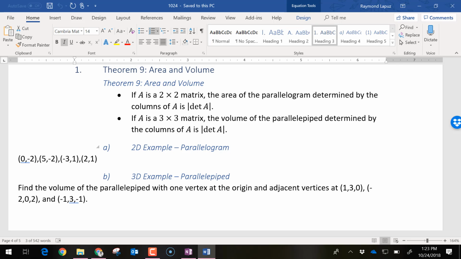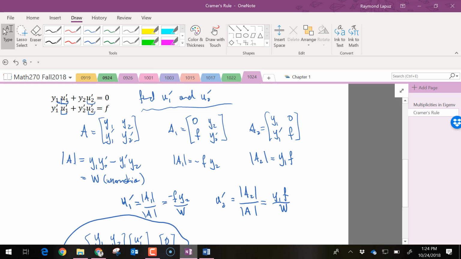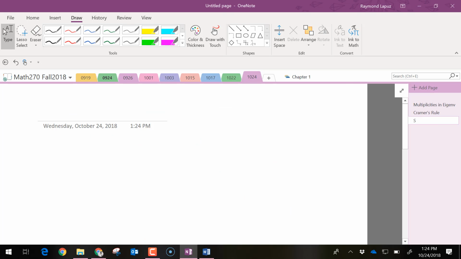Yeah, you're not going to take any integrals or anything like that. You just need to use Cramer's rule to find solutions. That's all.